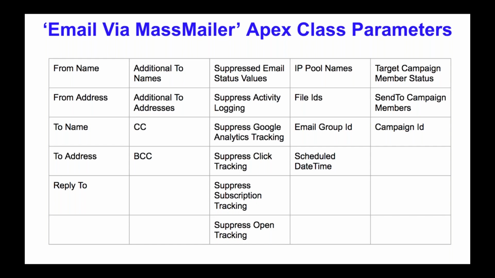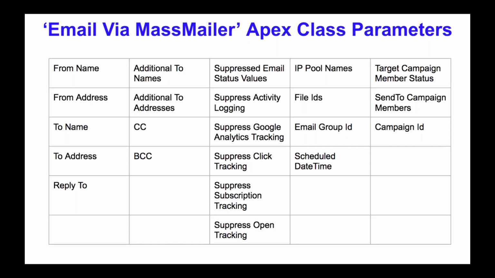Okay? It's supposed to be email unsubscribe group ID. You can always schedule at a date and time. It's a little tricky. The date and time should be in the Salesforce date and time format, and you can schedule it provided you pass the schedule date and time value.